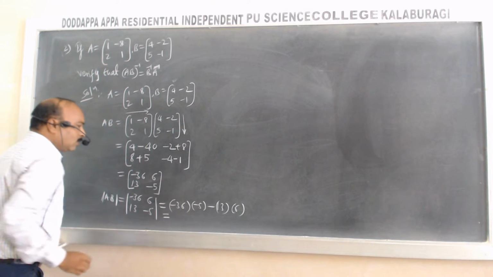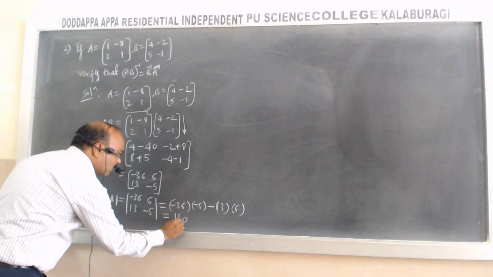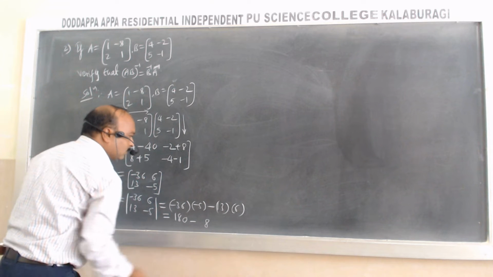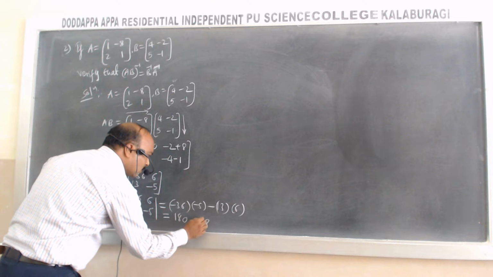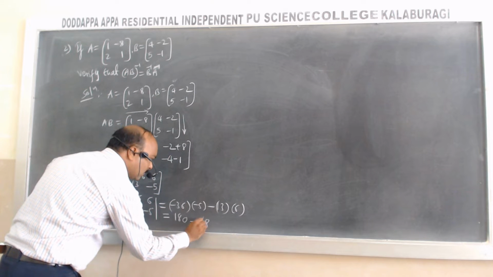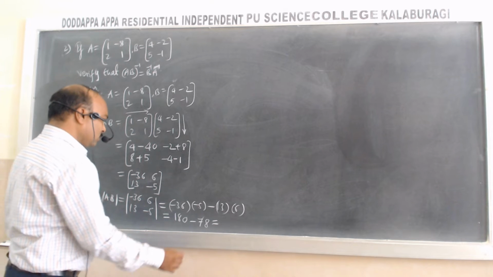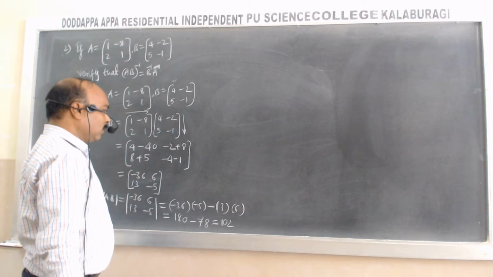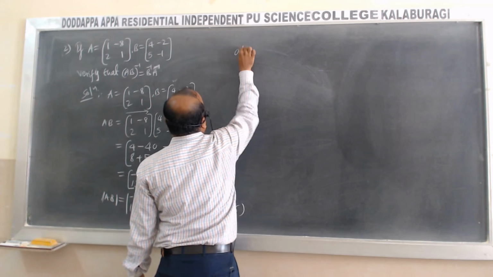So this is equal to 180 minus 78, which is 102.